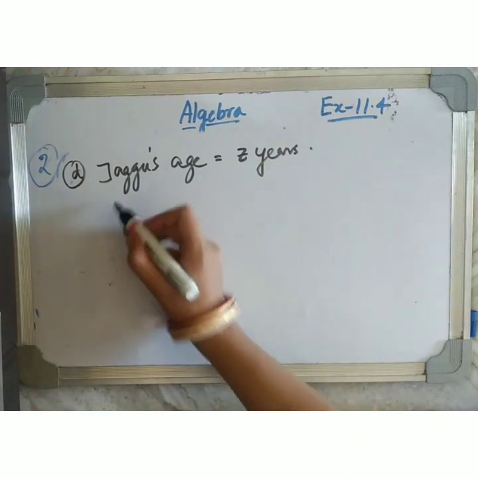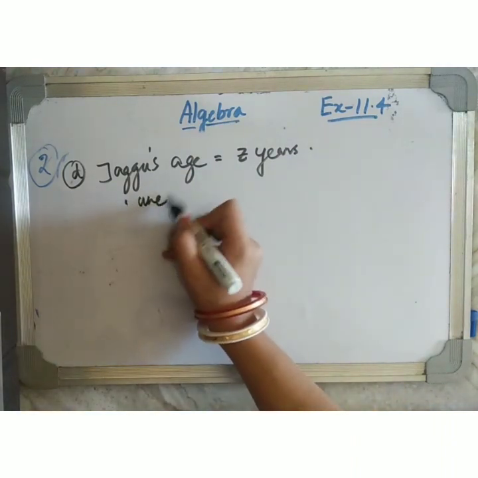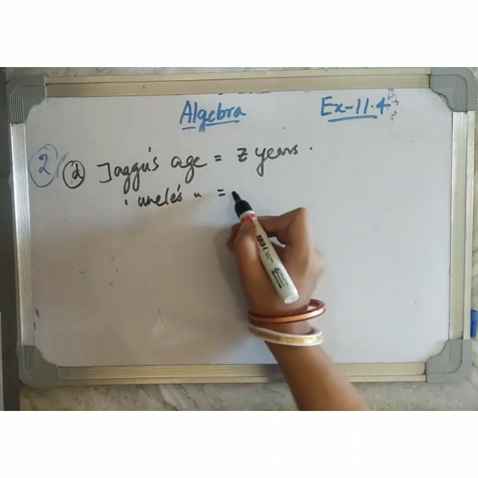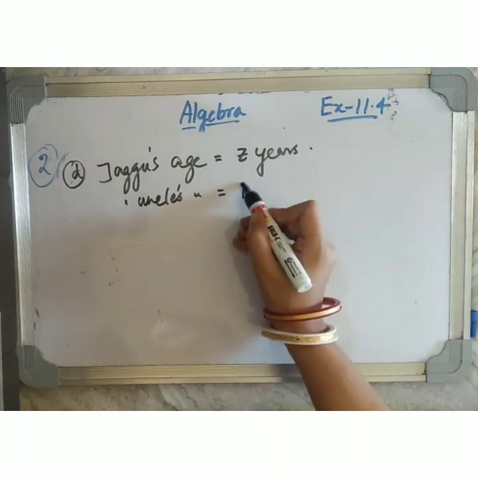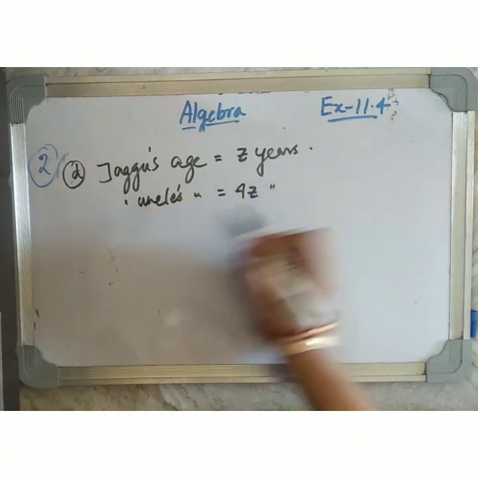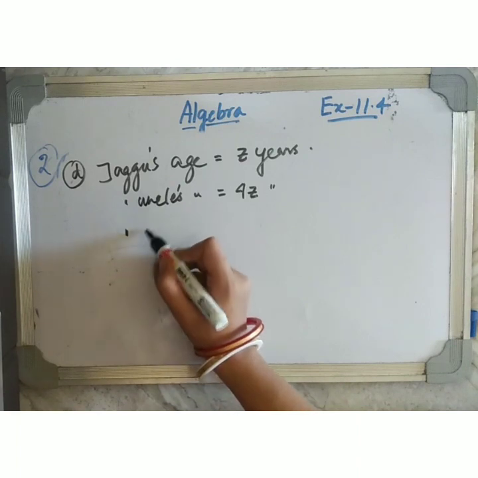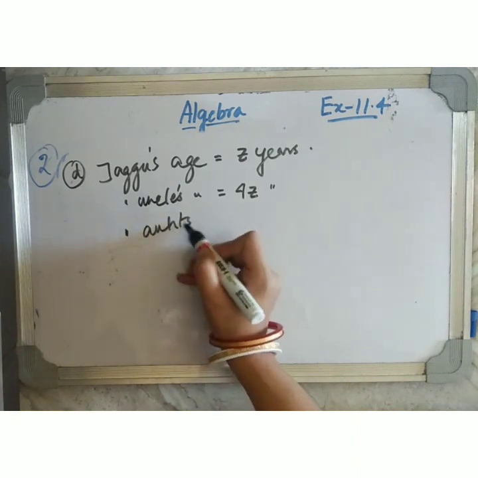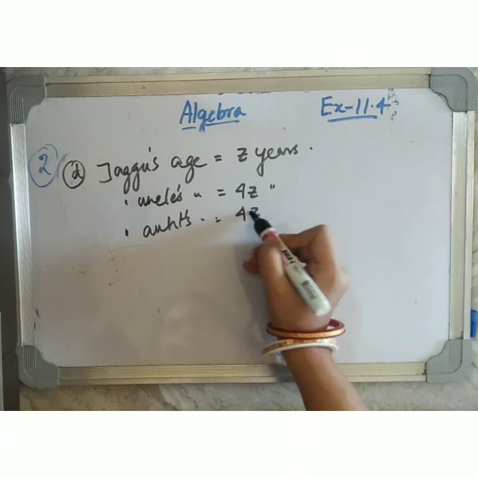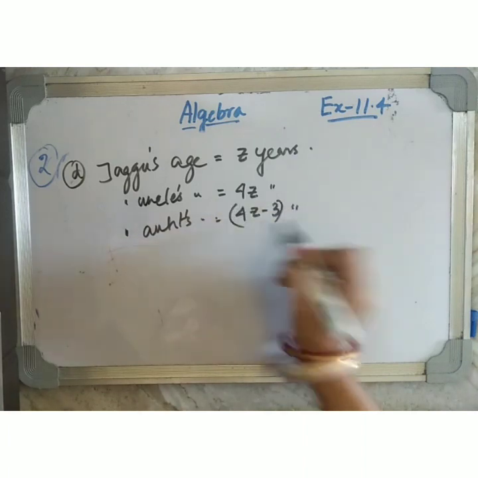Jaggu's uncle's age is equal to 4Z years. Jaggu's aunt's age is 4Z minus 3 years.